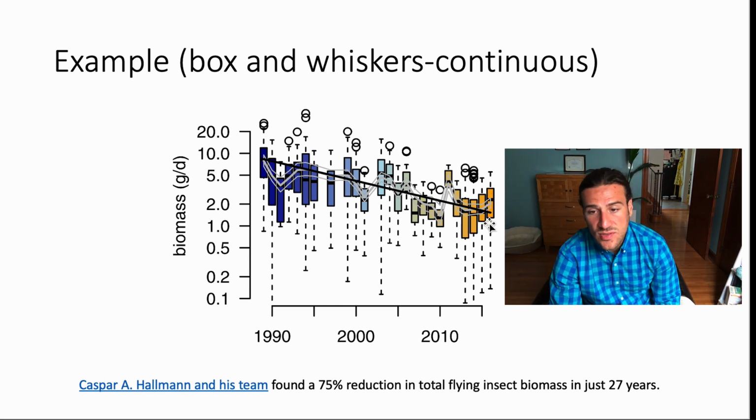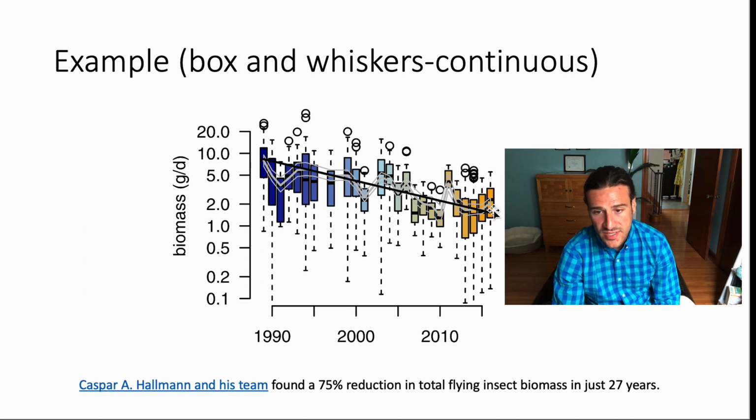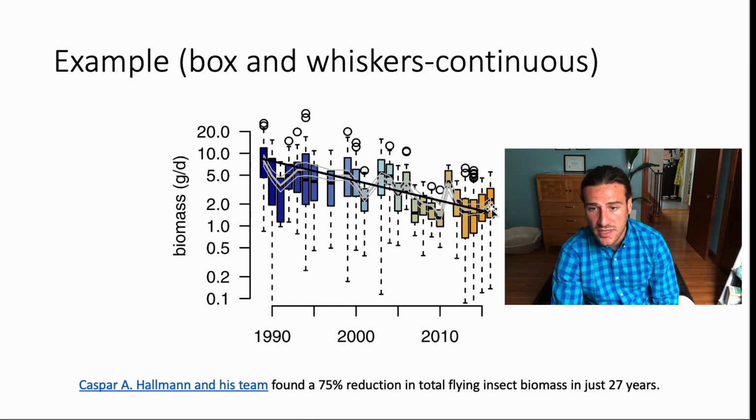Now, it makes sense why they use box and whisker. It's because each one of these datum is actually the data from an entire year. For an entire year, they set up these nets to collect all these insects from across different ecosystems across Germany, and at the end of the year they would compile these data into a single box and whisker datum, right? So there's a ton of information on the screen.